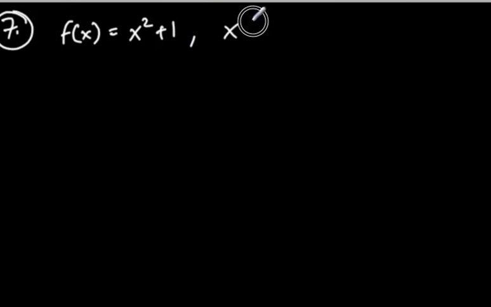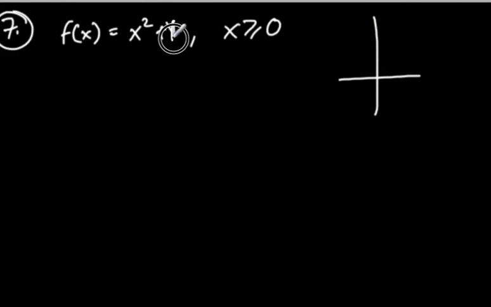Let's go to number 7. Number 7 is f of x is equal to x squared plus 1, and x is greater than or equal to 0. So let's see what that looks like. Here's my parabola, and it's moved up by 1.